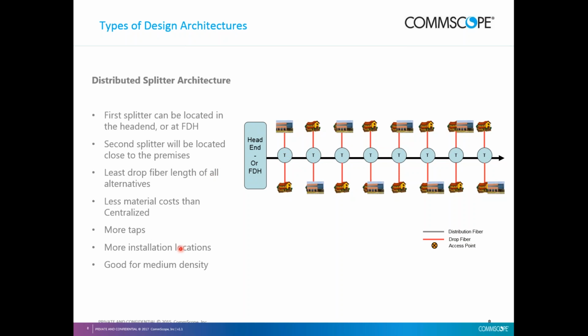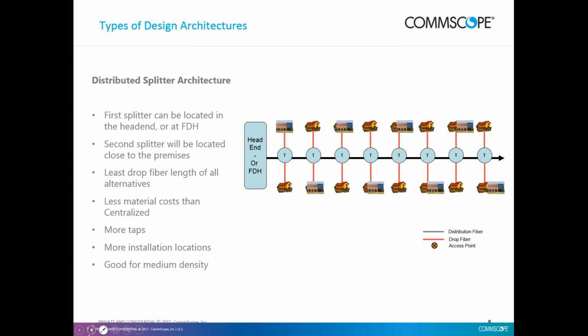So with potentially different optical losses, trying to balance what gets to the customer. Well, no, that's in the tapped architecture. Like I said, this is distributed, where we're using splitters at the fiber distribution hub back at the origination point, and then we're using equal loss leg splitters in the field. In this example, this would be I believe a 1x16 splitter in the head end, and then 1x2s out in the field.